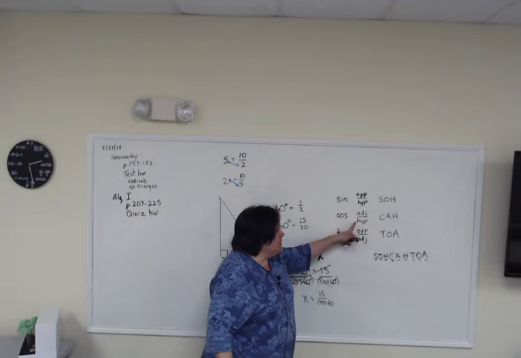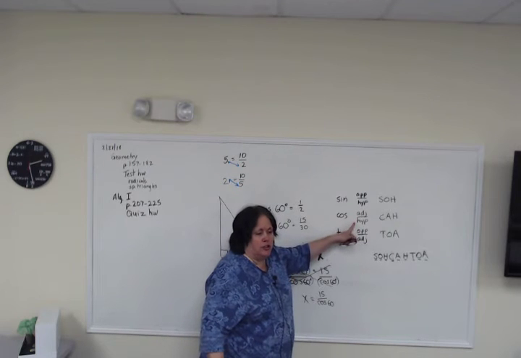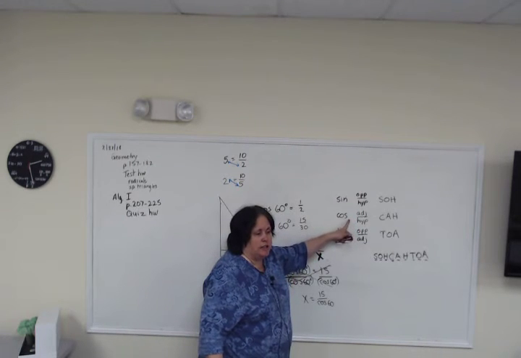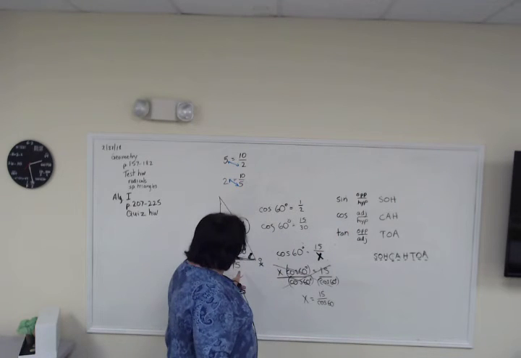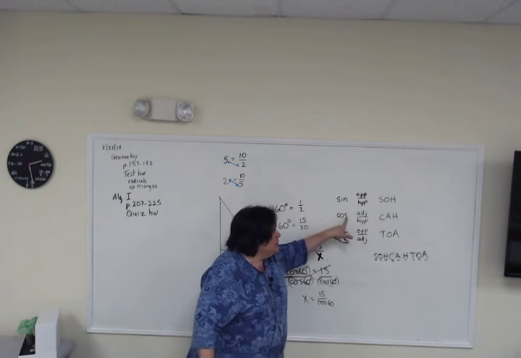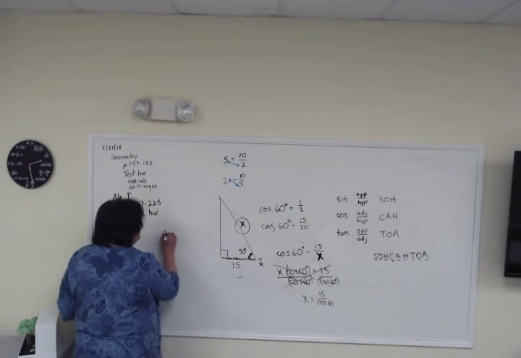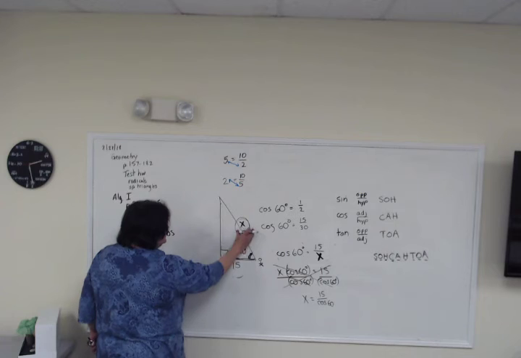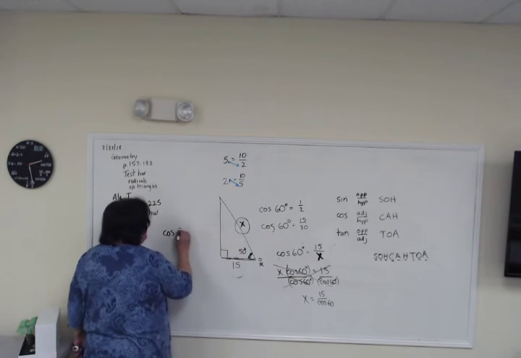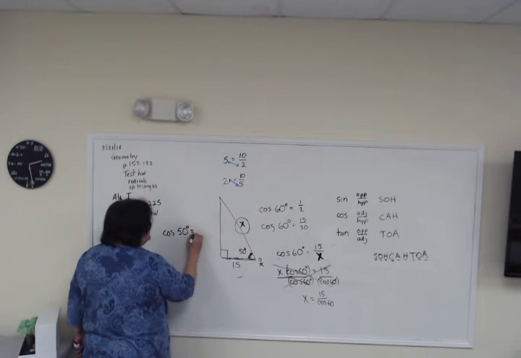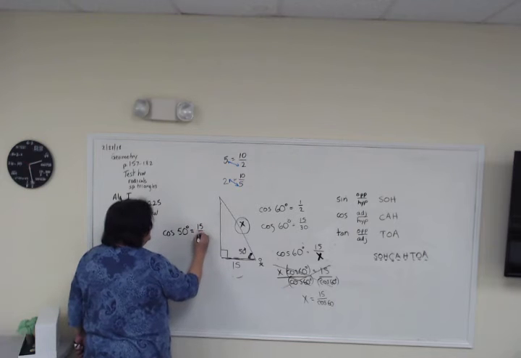That's how I know to use cosine. You see that, Miss Maddie? So cosine of 50 degrees equals 15 over x.